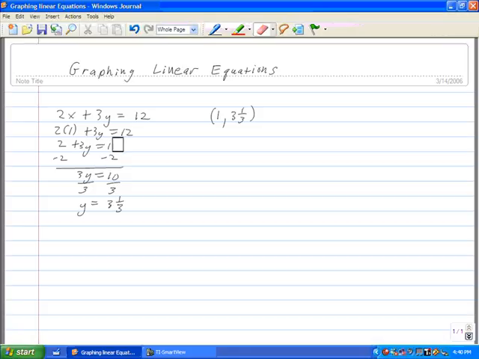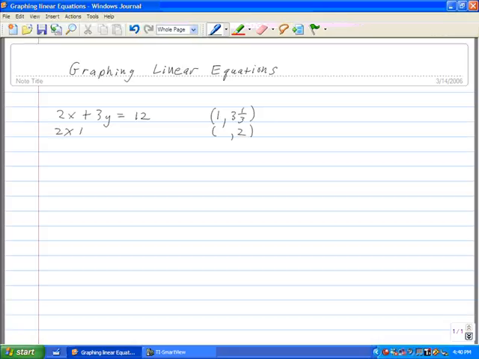Now for another point, you're going to repeat the process. This time, just to do things differently, we could pick a y value, plug that y value in, and go look for an x value. So let's go with a y value this time, and let's say it's a 2.